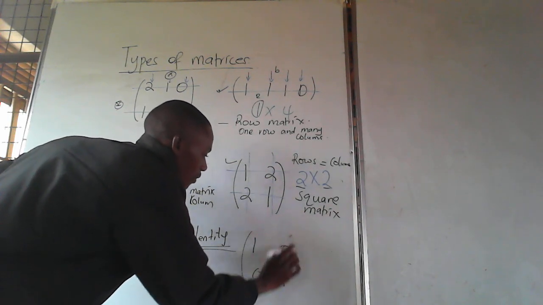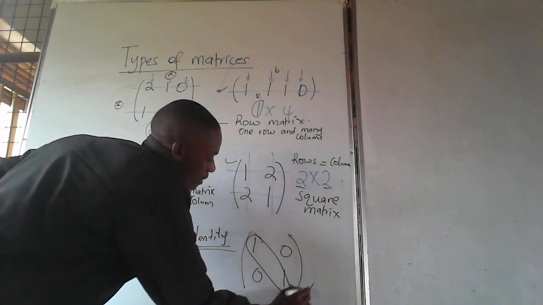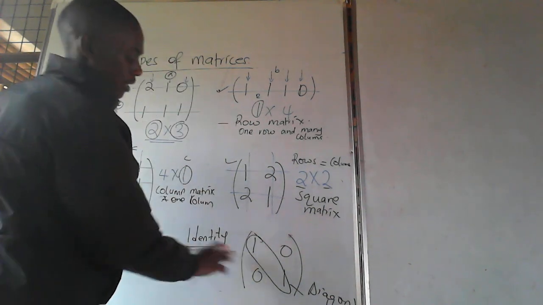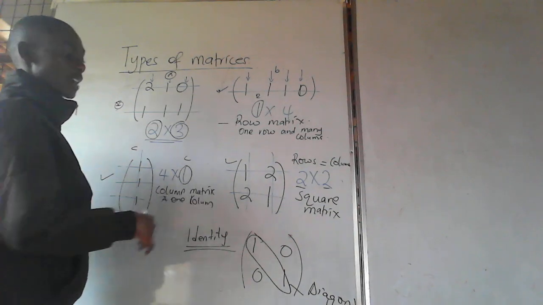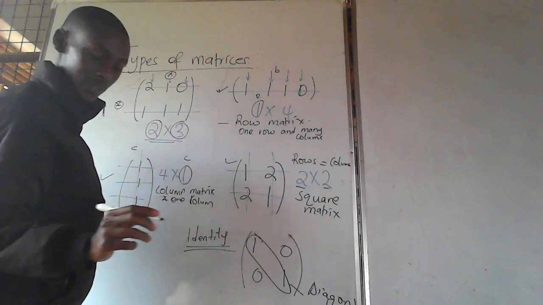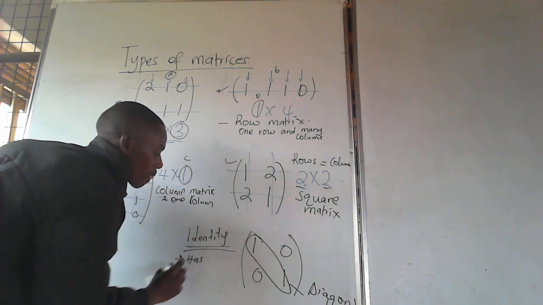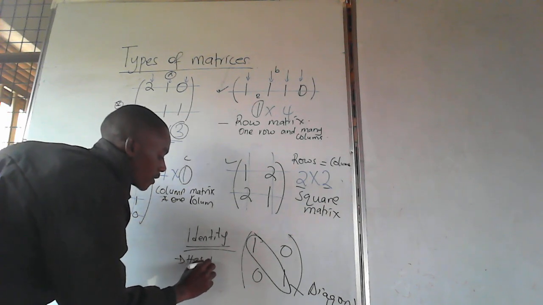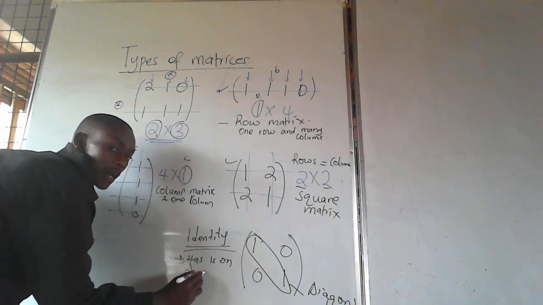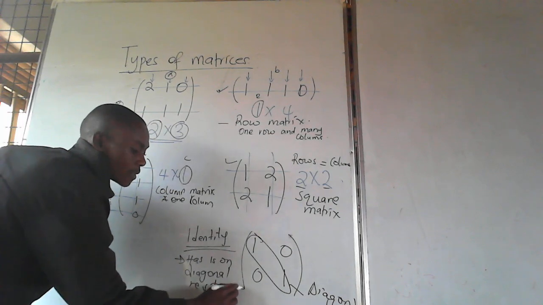It is a matrix where its diagonal has only ones. As long as the diagonal has only ones and the rest are zeros, we call it an identity matrix. So this is the one that has ones on the diagonal, and the rest zeros.